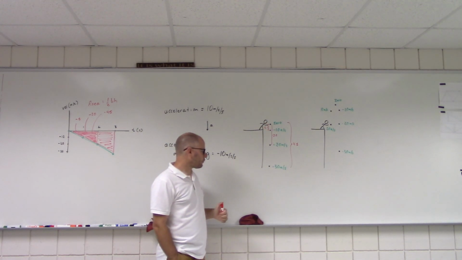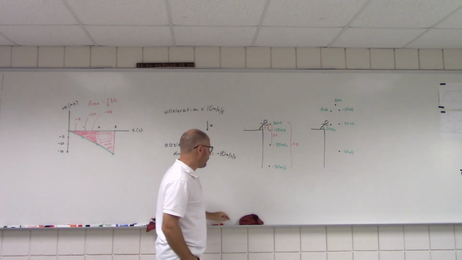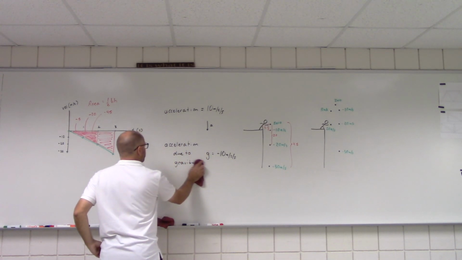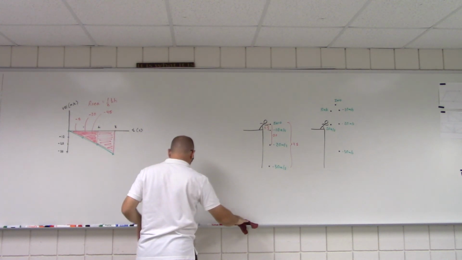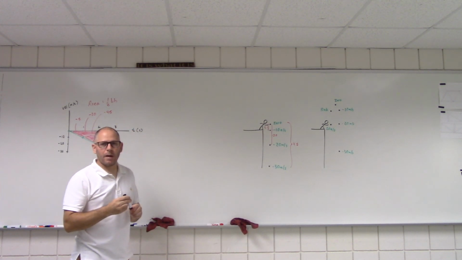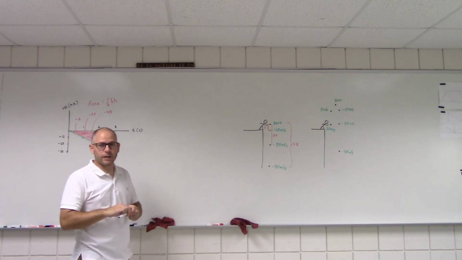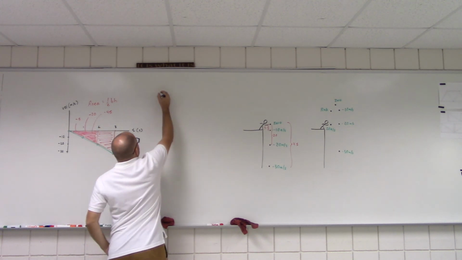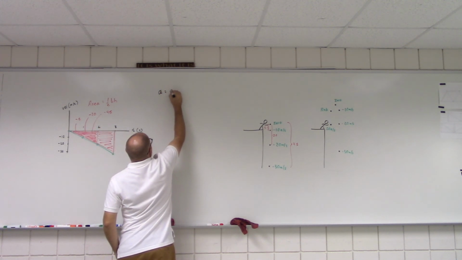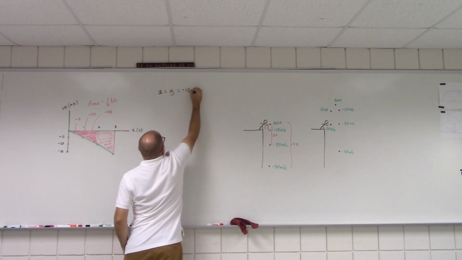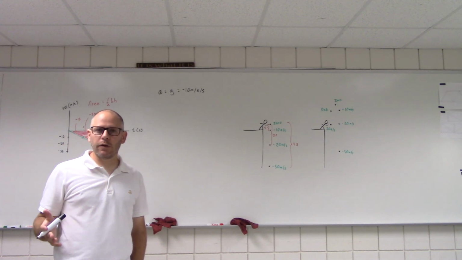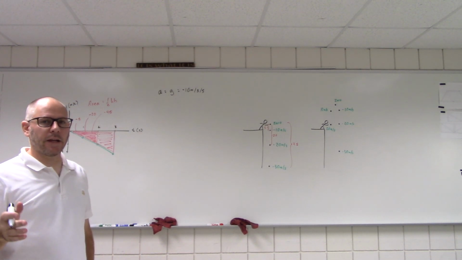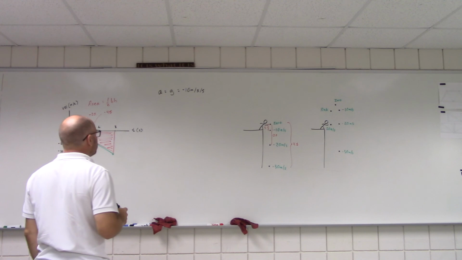Now, what does this mean for us? Well, just like the ramp problem, the acceleration is constant. Our acceleration, we're going to use baby g for the free fall acceleration, it's -10 meters per second per second.